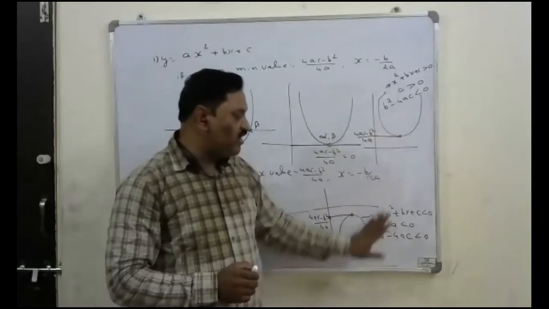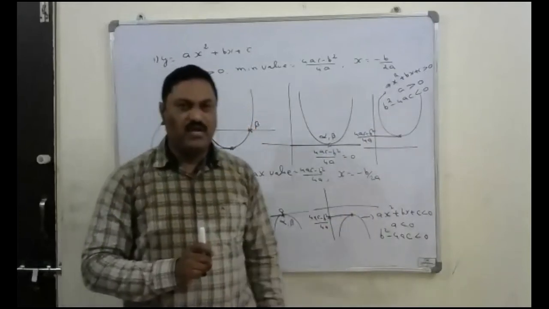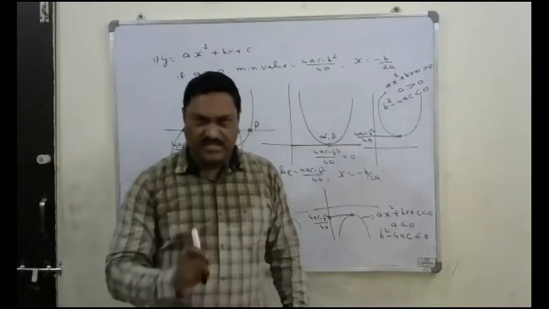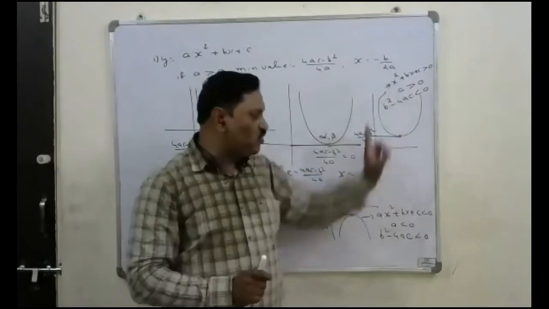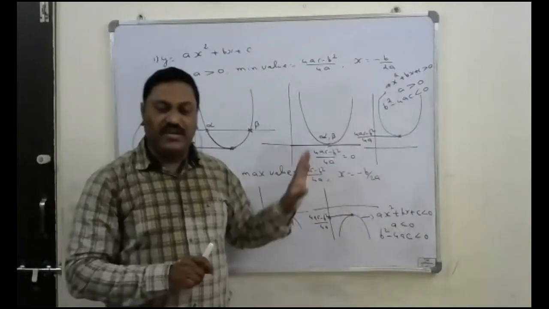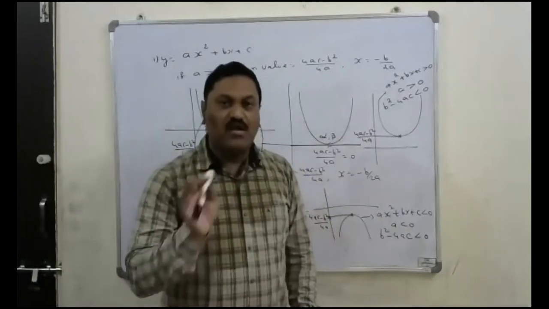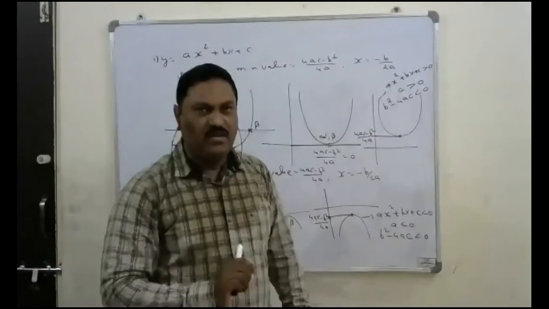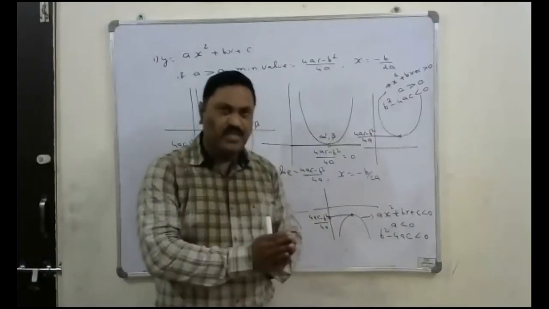That means it does not have any real root in both cases. This is a very important point you have to remember. If ax square plus bx plus c and a have the same sign, both might be positive or both might be negative, then that equation does not have any real roots, which means the roots are complex. Understand?